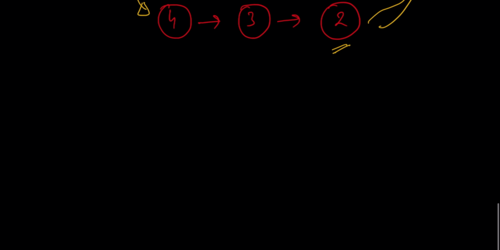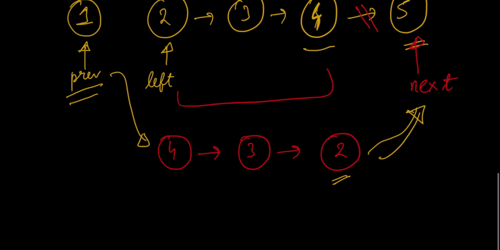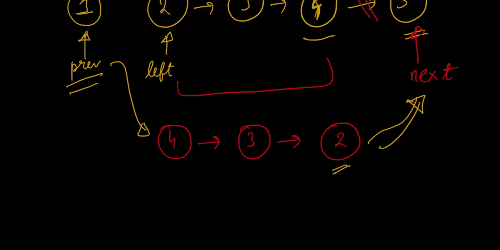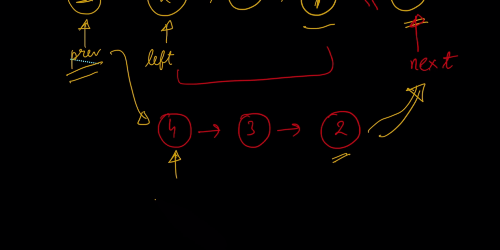Alright, so to update the pointers, node 4 will be the new head, and currently node 4 is our right index. Since right is an integer, we are going to need the actual reference to this node 4. So let's call it right node, and let's call node 2 the left node.